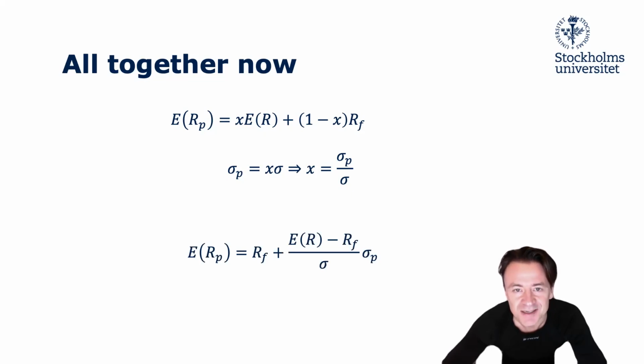The equation of a line, where the intercept is the risk-free rate, the interest rate, and the slope is this ratio here, a ratio that we will be talking about quite a lot in the future. Are you freaking out? If this sounds like too complicated mathematics, do not panic. Forget about it and focus on the graphical explanation that I will present in the next slide.